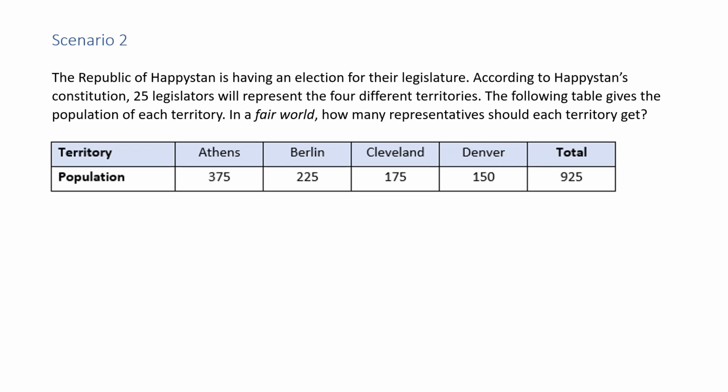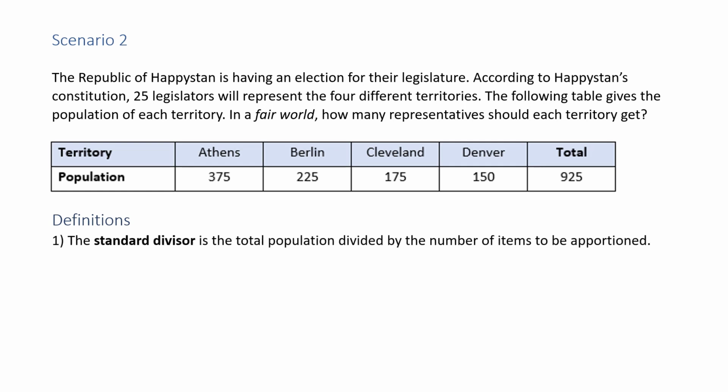The table shows the territory of Athens' population is 375, of Berlin's as 225, Cleveland 175, and Denver is 150. If you sum up the population for the 4 different territories, we get the population of the entire Republic of Happystan, which is 925. Now, before we proceed with finding how many representatives, we need to define some new terms.